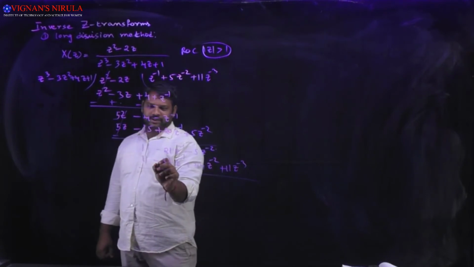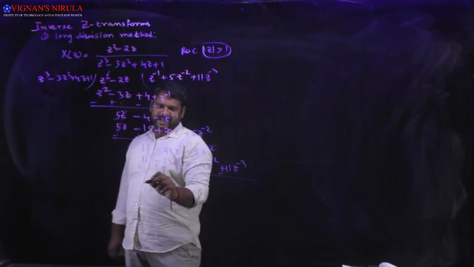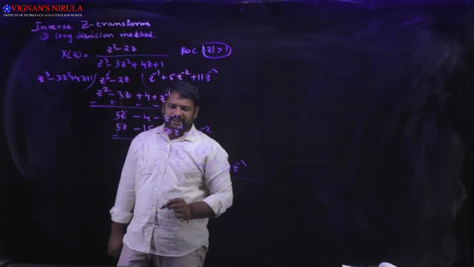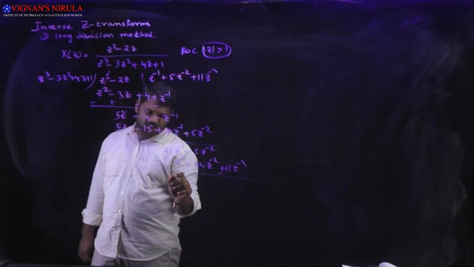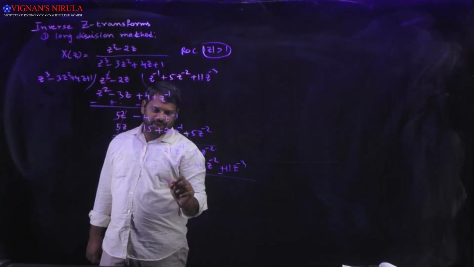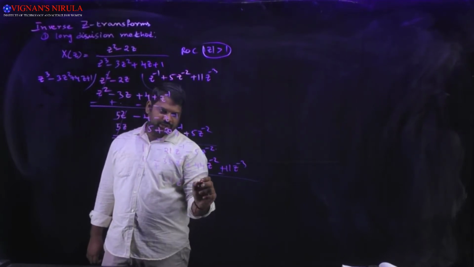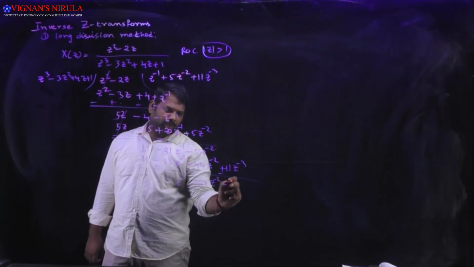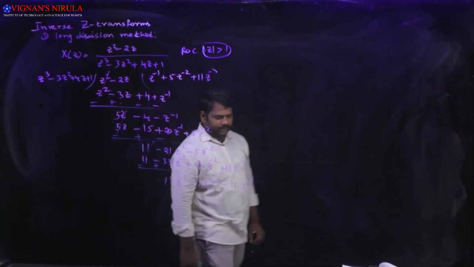Next, opposite signs. These two get cancelled. Plus 33 minus 21, it's 12. 12 z inverse minus 49 z power minus 2 minus 11 z power minus 3. Like that.